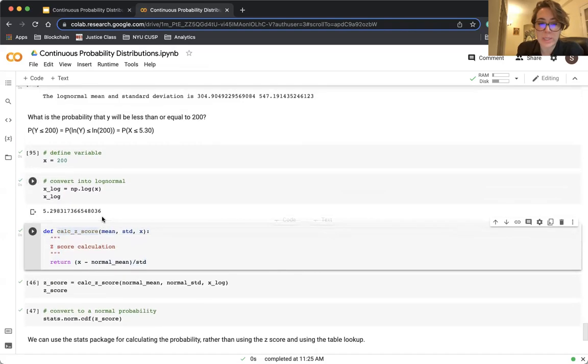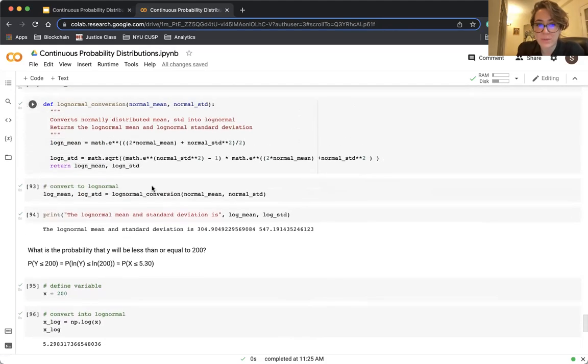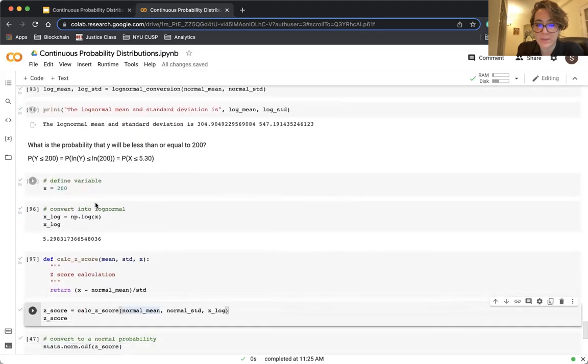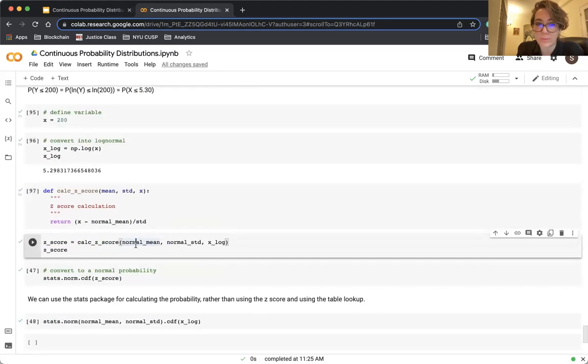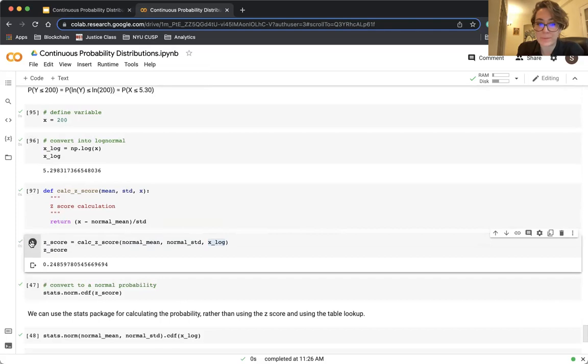And because we are now calculating that using an x that is already converted to being log normal, we don't even need to use these converted log mean and log standard deviations. We use just the normal mean and normal standard deviation. And now we use that x log in here to calculate the z-score.